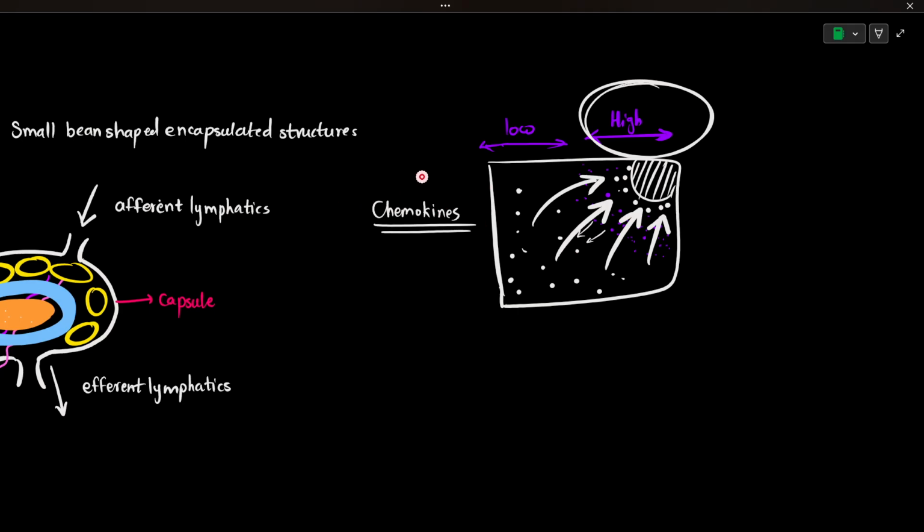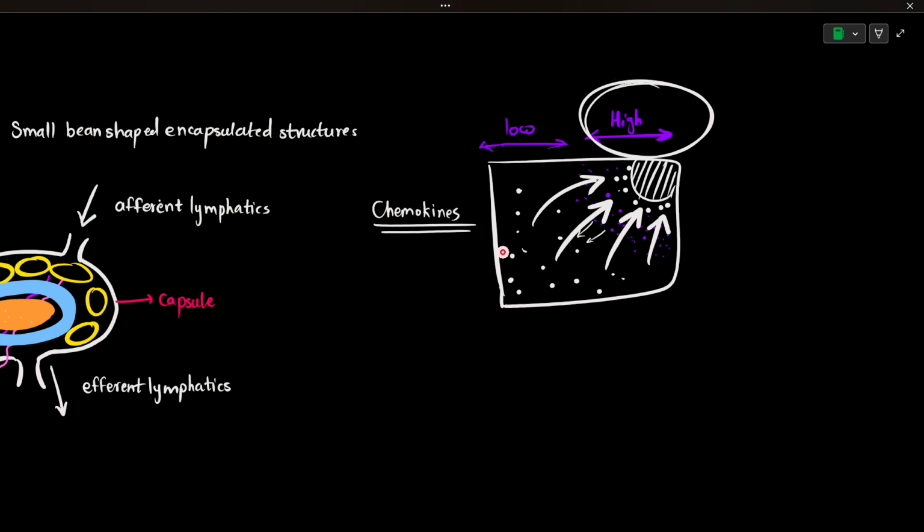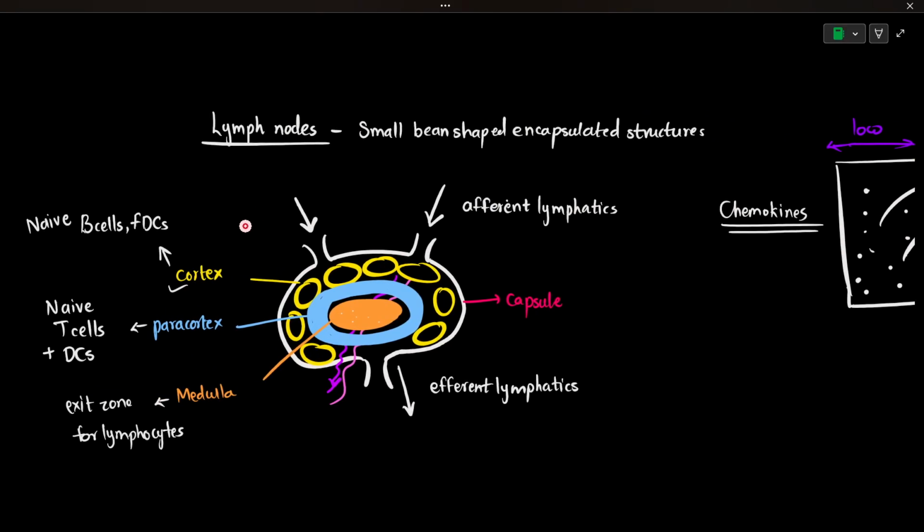So now you know how the immune cells find the location of the infection. Once they travel to the site of infection, they mediate the killing. I hope the lymph nodes are clear to you, how they help in immune responses, and the initiation of the immune response is clear.